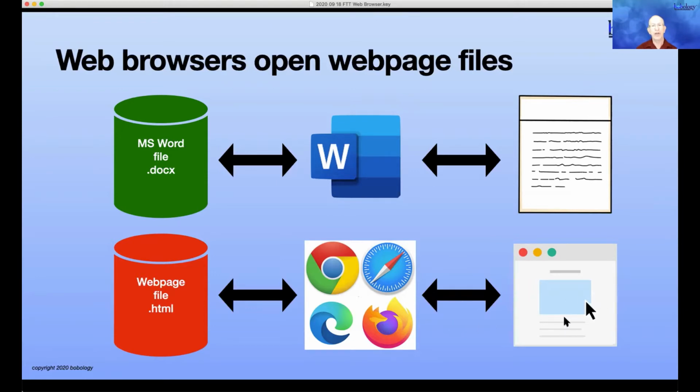Now, you don't edit the HTML with a web browser unless you're a developer, and you have privileges to do that. 99% of the time, when you use your web browser, you're just going to view the document or the web page, and the web page file gets moved to your computer by the web browser. So just like you use Word to open up Word documents, you use web browsers to open up web pages.